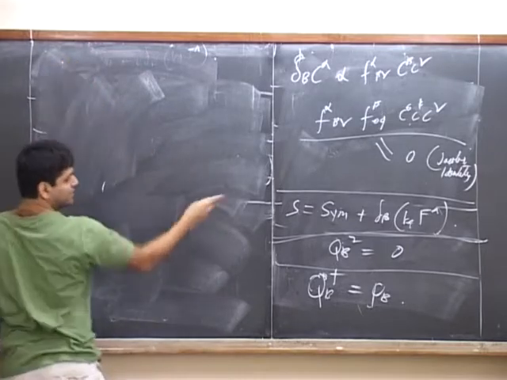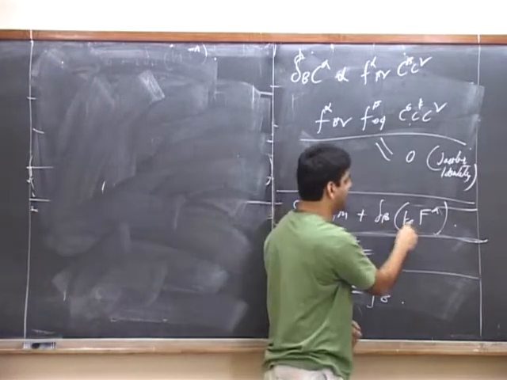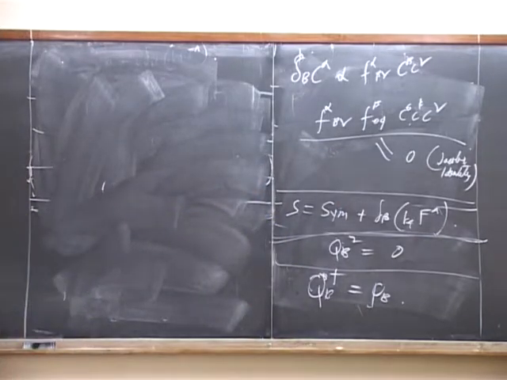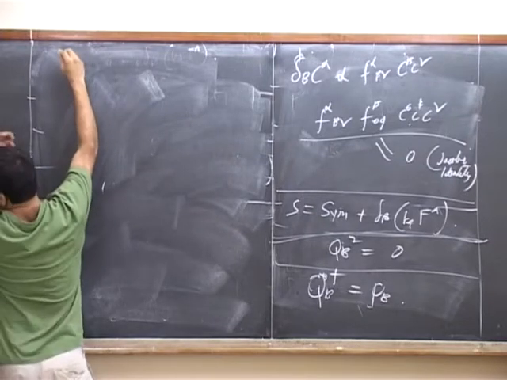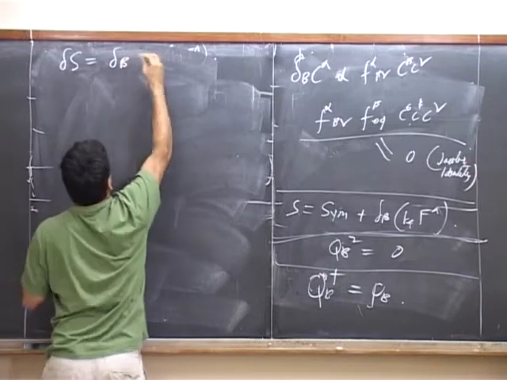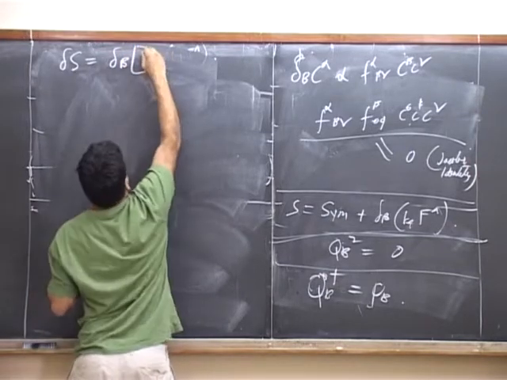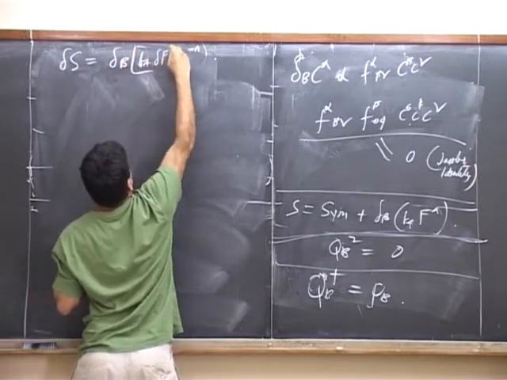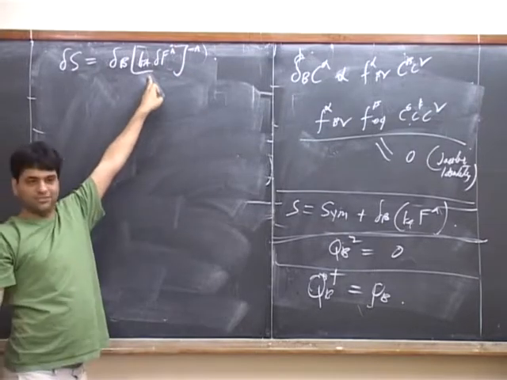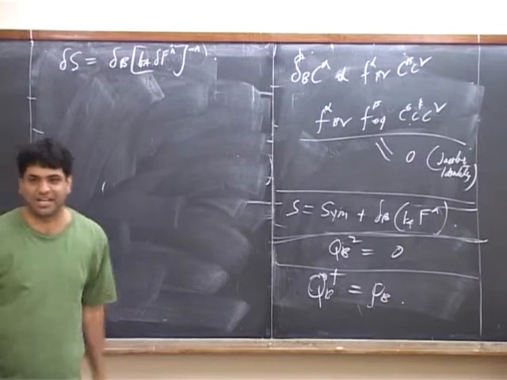Okay? So now let's see. Remember that S was equal to S_YM plus delta_B of B_A F^A. Suppose we change FA a little bit. How does the action change? Under a small change of FA, the action changes by delta S equals delta_B of B_A delta F^A. But this delta has nothing to do with the BRST transformation. It's just a small change in our representation.